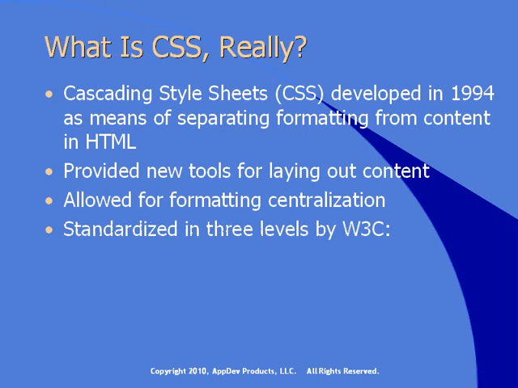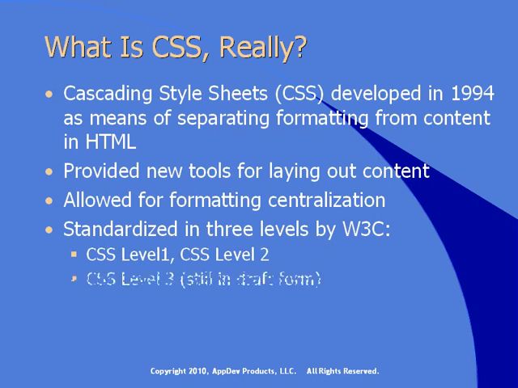There are basically three levels that became standardized by the World Wide Web Consortium. There's CSS Level 1 and CSS Level 2 that contain all the elements we'll be using. And there's also CSS Level 3, which is currently still in draft form. We won't really talk about any of those features. They deal with media and images and the kinds of things we don't need to deal with for this introductory lesson.